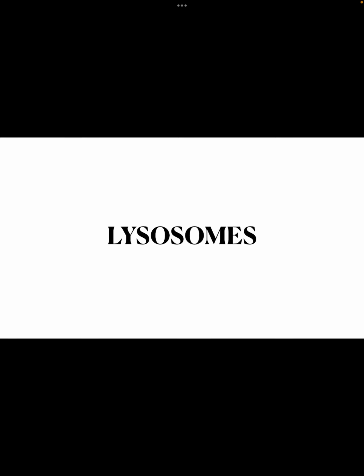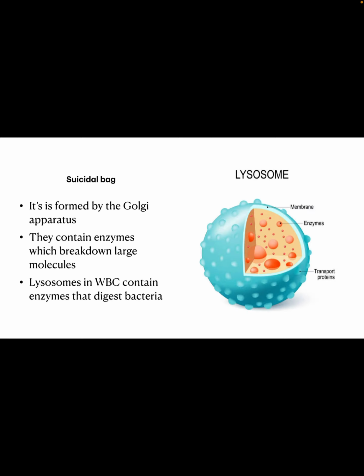What is lysosome? Lysosome is known as the suicidal bag because it has hydrolytic enzymes. Hydrolytic enzymes are the proteases which break down proteins, lipases which break down lipids, and glycosidases which break down carbohydrates. So lysosome is formed by the Golgi apparatus.